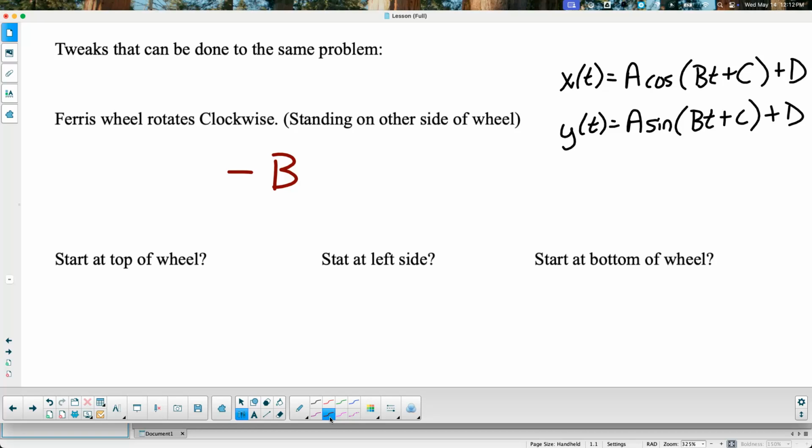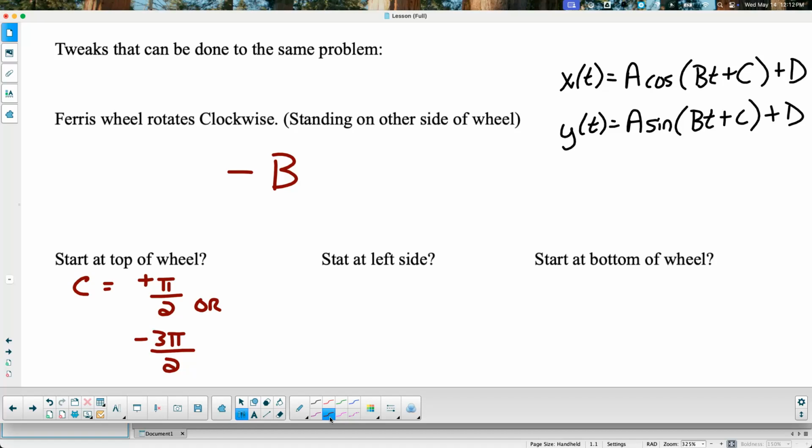Okay? If we want to start at the top of the wheel, then our C value would either have to be positive pi over 2 or negative 3 pi over 2, because we're adding that to our angle.